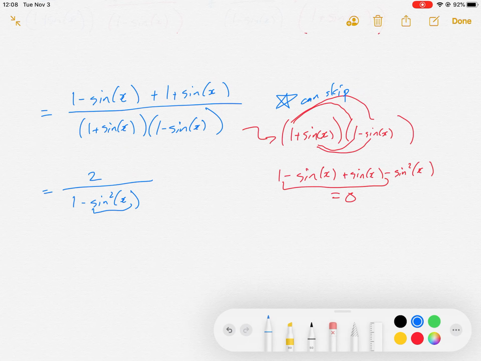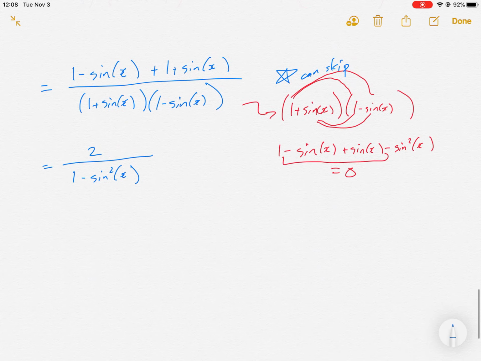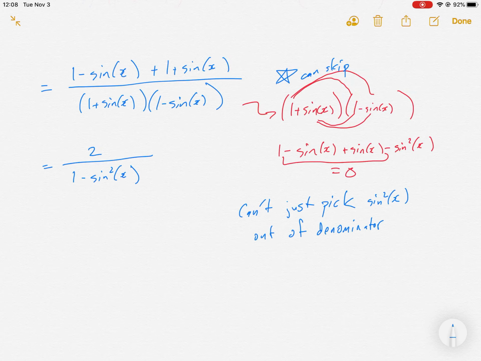So we can't just pick the sine squared out of the denominator, because it's actually 1 minus sine squared. It's not just sine squared. So we're going to actually use a trig identity here.